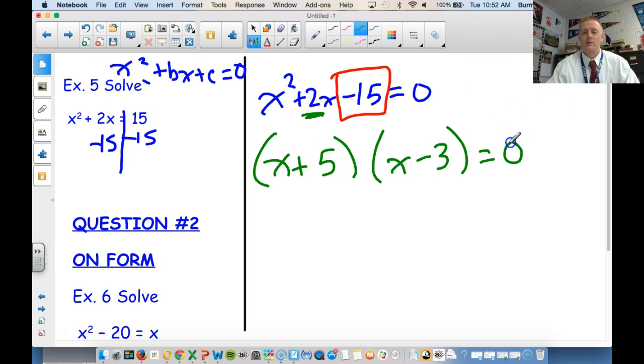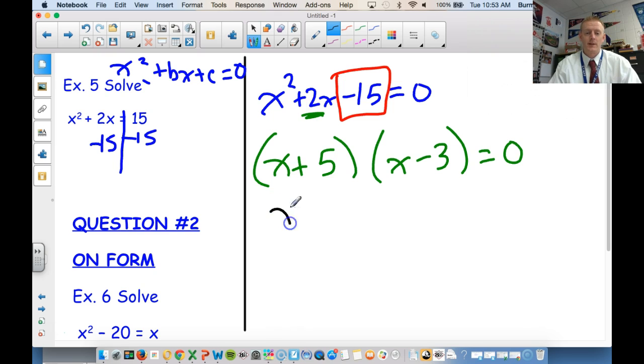Now this stuff equals 0. This is the part that's most important for us. When we are solving these quadratic problems, we need to understand that if this number times this number equals 0, then one of the numbers has to be equal to 0. So x plus 5 or x minus 3 has to equal 0, which means one of them is, or both of them are.